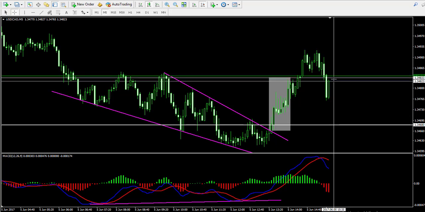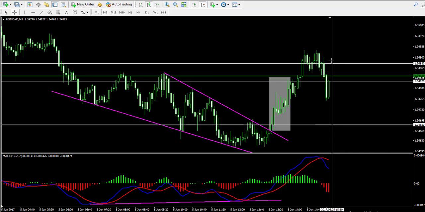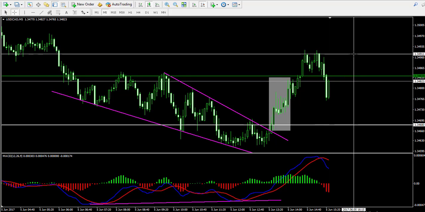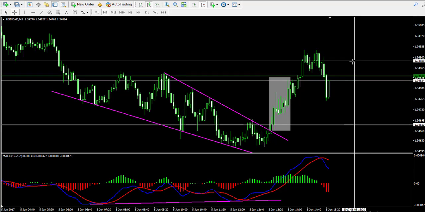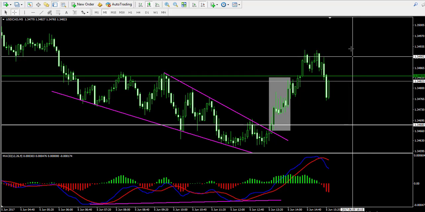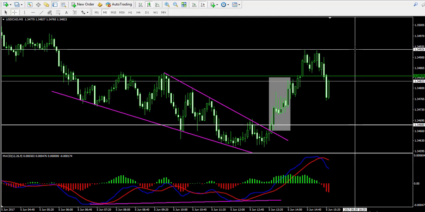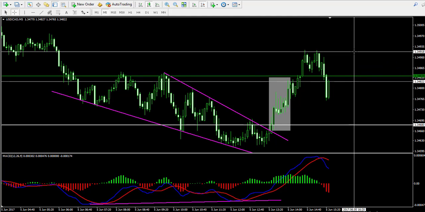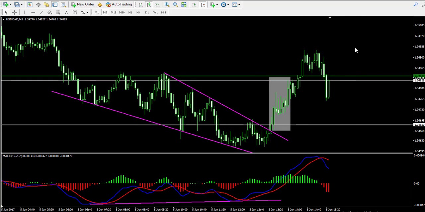And after the price completed this candle over here, it started shooting down, which is the reason I immediately closed the trade on the first pullback it created in bullish direction, and I closed at 1.3484, 1.3483, 84, something like this.